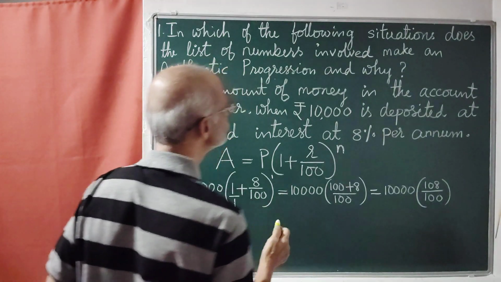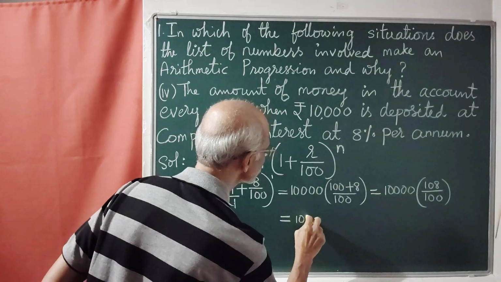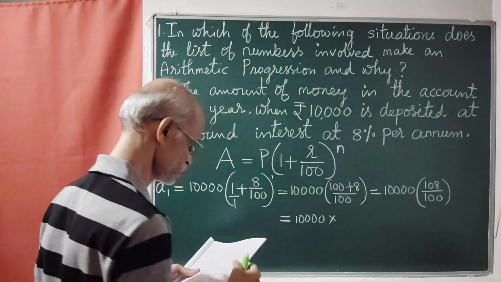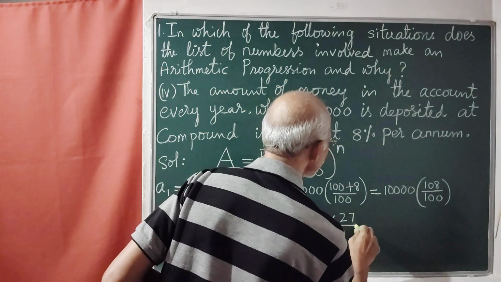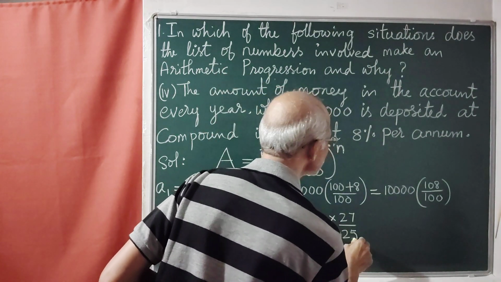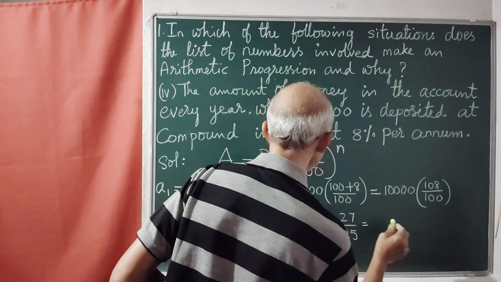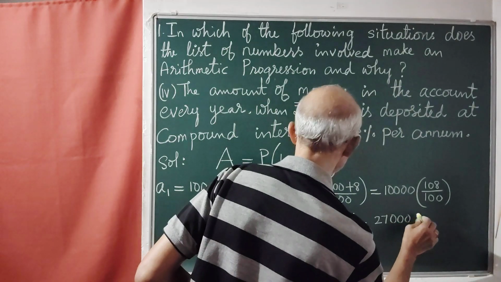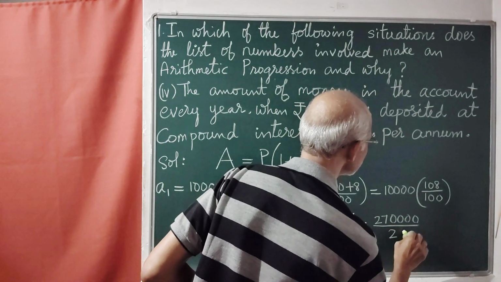So what we get? 10,000 into 27 by 25. If we cut this, we'll get 27. So it will be equal to 27 by 25.